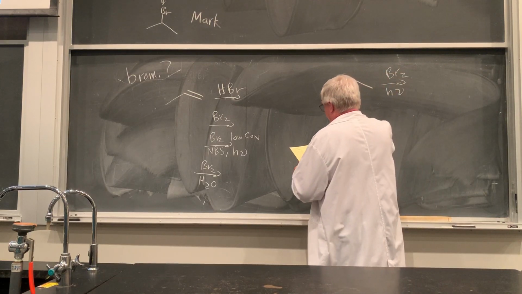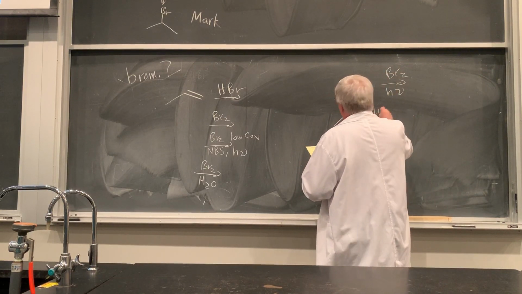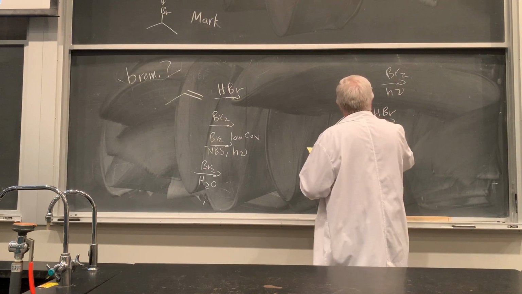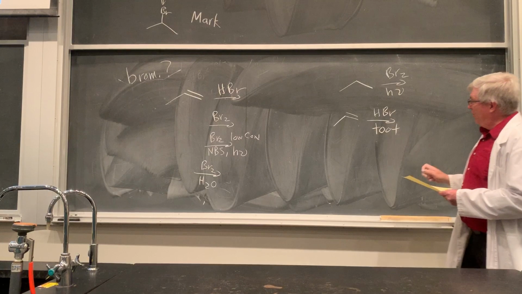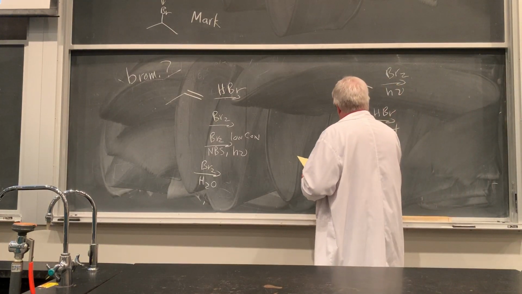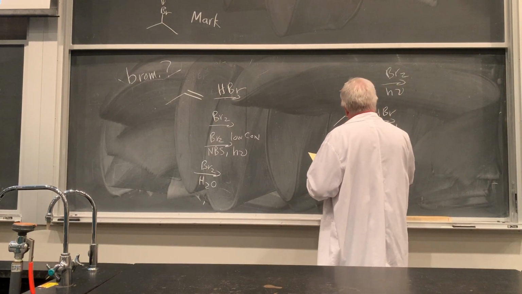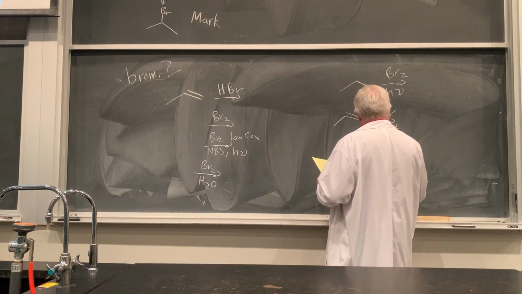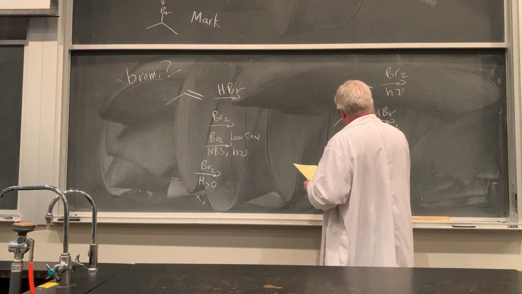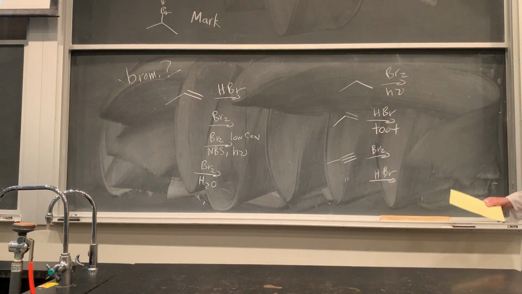How about HBr and peroxide? Okay, so there's your anti-Markovnikov. Oh, don't forget about alkynes. We've got bromine, Br2. We've also got HBr on propyne.